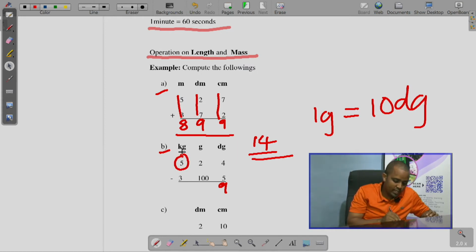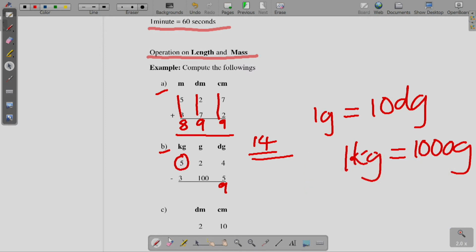So we will take 1, but as you know, 1 kilogram always equals 1000 gram. So if you take 1, it will be 1000, not 1. So if you bring it here, it will be equal to 1002. So 1002 minus 100 will get 902.